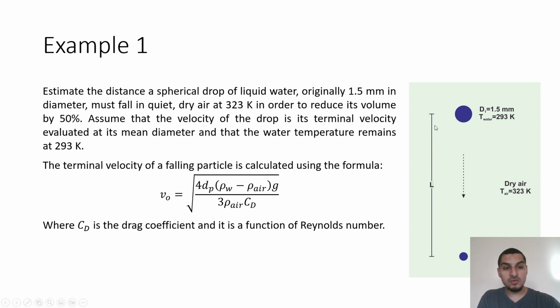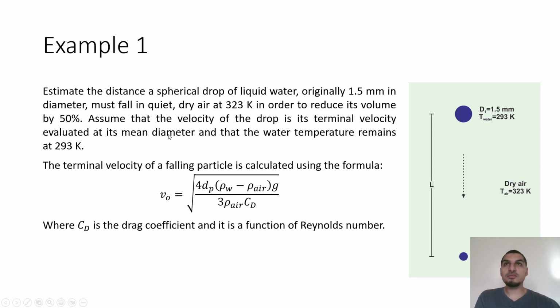So it starts here with diameter 1.5, and after some time of falling, it will reach another diameter, which is of course less. And this diameter or this volume here is 50% of the original volume. And we assume that the velocity of the drop is its terminal velocity evaluated at its mean diameter.